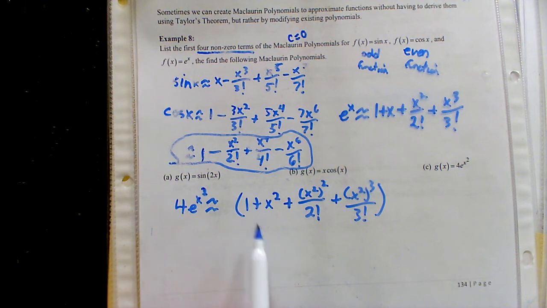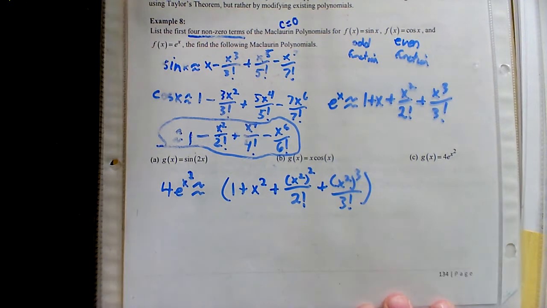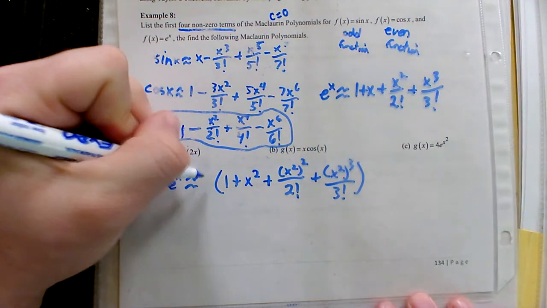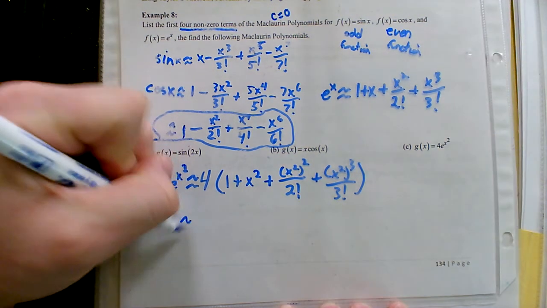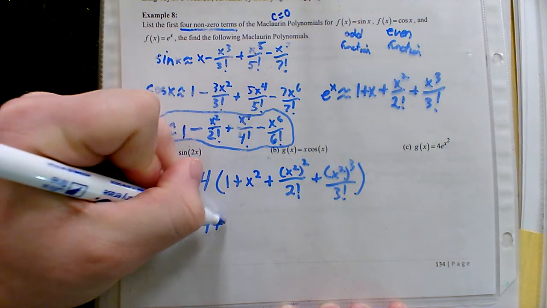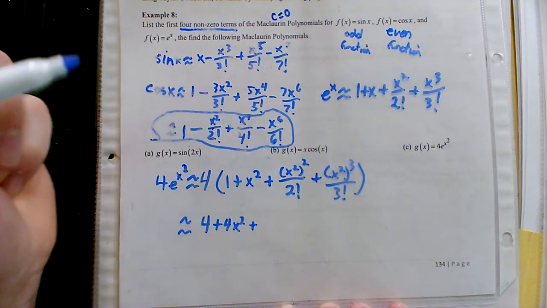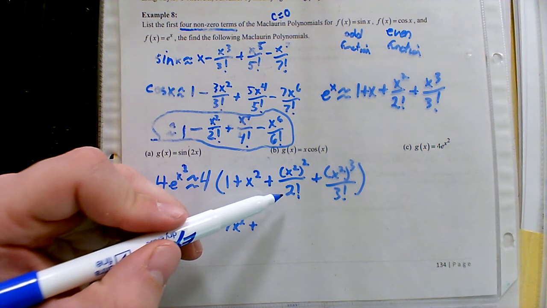Okay. So that was just making sure every x had a square. What else do I need to make sure I do? I have to multiply everything by 4. So then you can go ahead and write your simplified version. Everything multiplied by 4 and every x has the x squared. If you want to, you can simplify with your factorials.